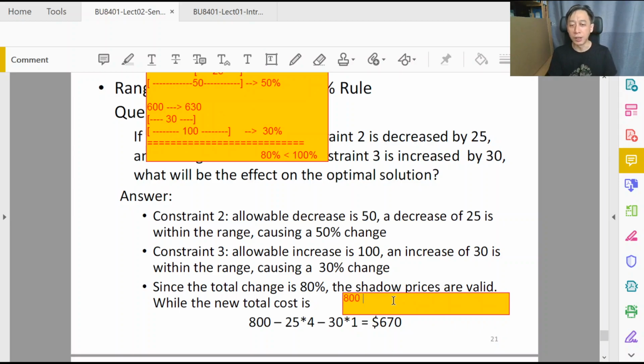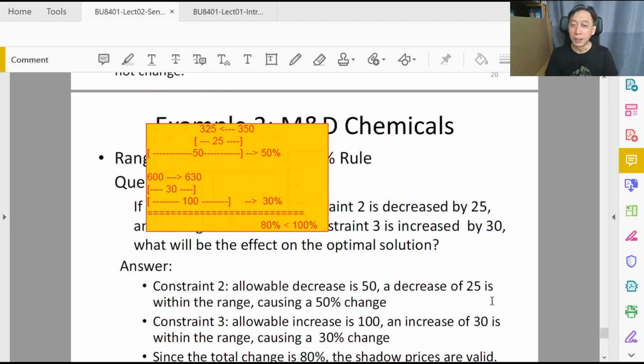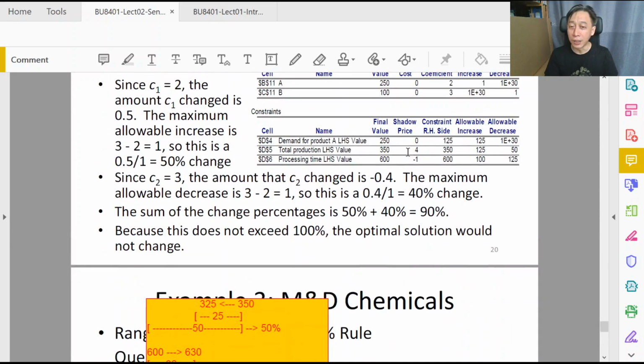Current objective function value is 800, right? So the change in optimal value is given by a decrease of 25 times +4, because that's the shadow price, plus the increase by 30 units times the -1 shadow price here.